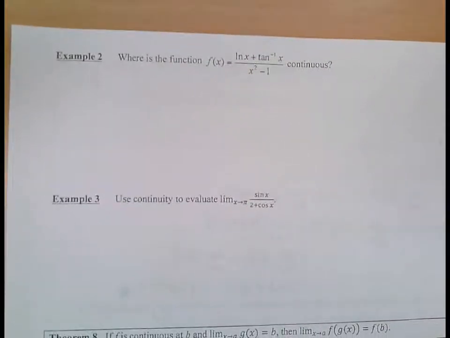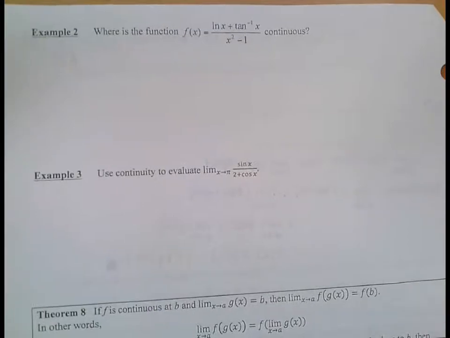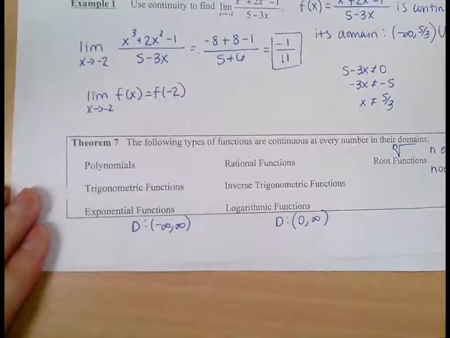All right, so what types of functions are not continuous on their domains? None that we work with. These are basically all the types of functions we work with, and they're all continuous on their domains.